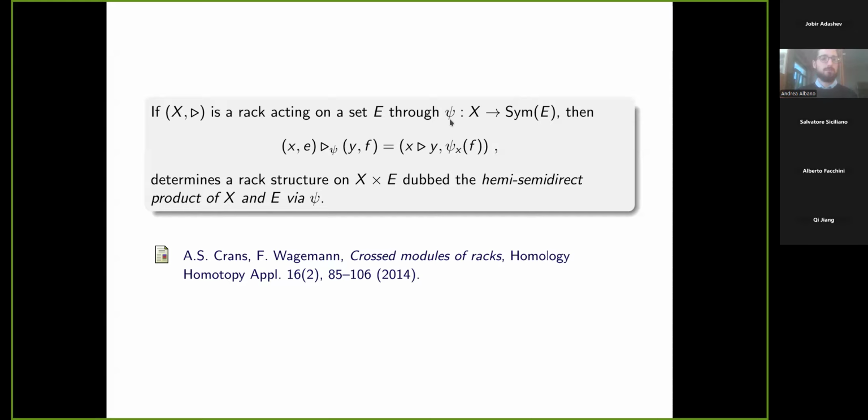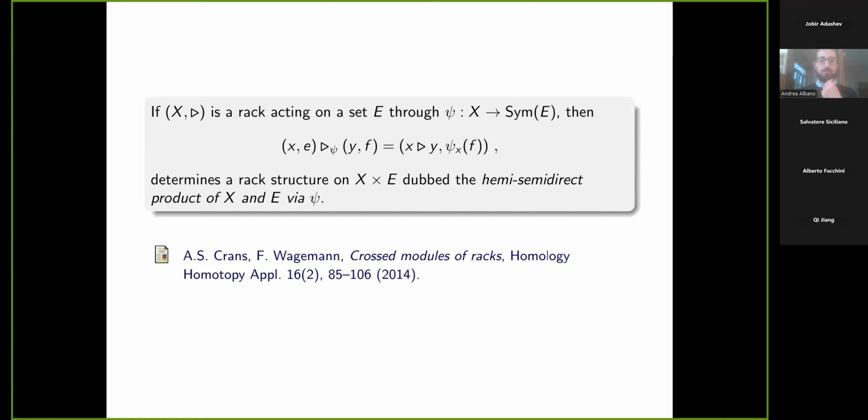So, starting from a rack X triangle and considering an action psi, if you define an operation in this way, then you can endow the Cartesian product of X and E with a rack structure, where the operation is this triangle psi defined in this way.